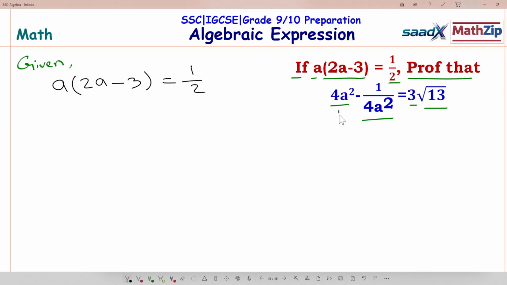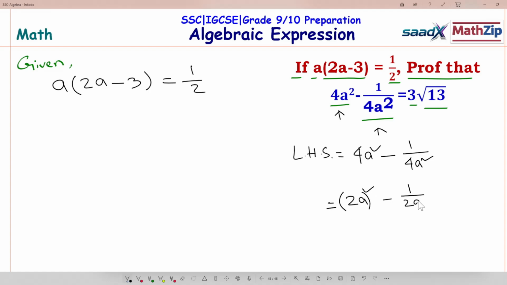Look, here is 4a square minus 1 by 4a square. So what does it mean? Here, left hand side, 4a square minus 1 by 4a square. This one we can write 2a square minus 1 by 2a square, right?